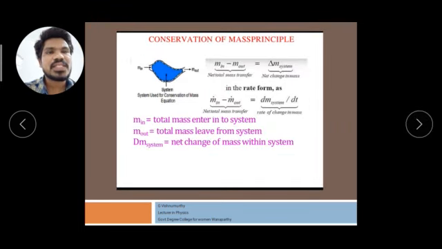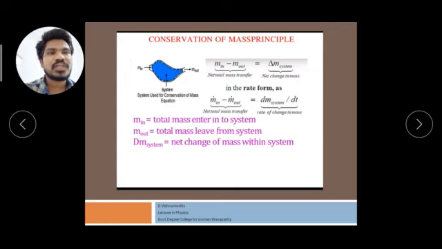Here you see this, m input minus m output is equal to delta m of system, where delta m is the system taking the energy from input. The total mass transfer is equal to m input minus m output, and the net change in mass is equal to delta m.